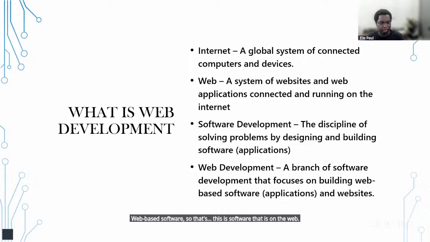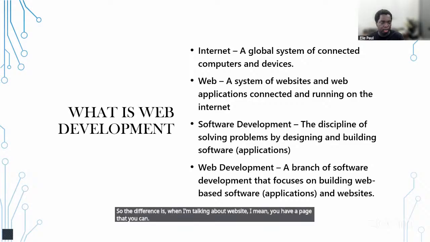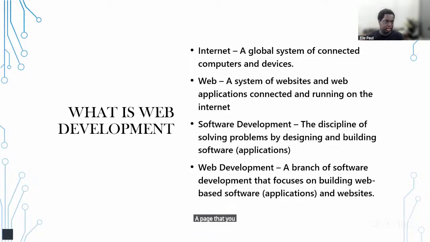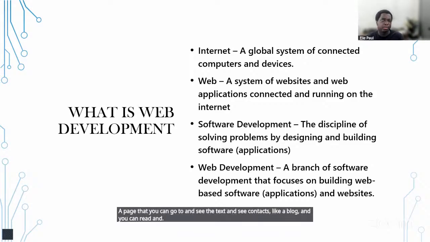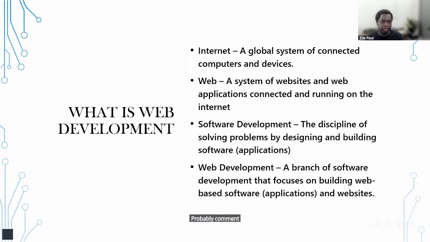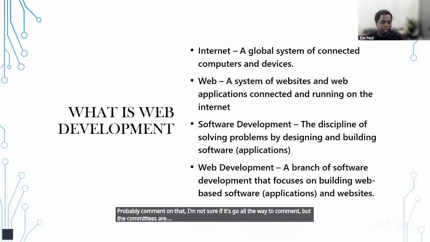And also that might be a website. To show the difference, when I'm talking about a website, I mean a page that you can go to and see the text and content, like a blog, and you can read and probably comment on that. I'm not sure if it goes all the way to comment, but the comment is a level further.